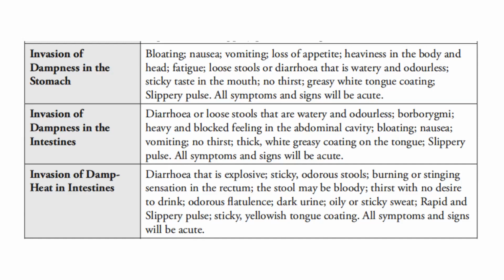For invasion of damp heat in the intestines, diarrhea is explosive with sticky odorous stools, burning or stinging sensation in the rectum. Stool may be bloody, thirst with no desire to drink, odorous flatulence, dark urine, oily or sticky sweat, rapid and slippery pulse, sticky yellowish tongue coating. All symptoms and signs will be acute.